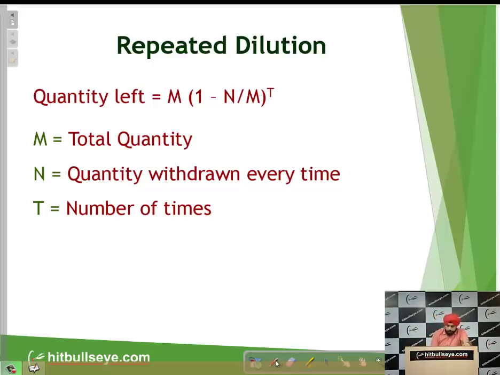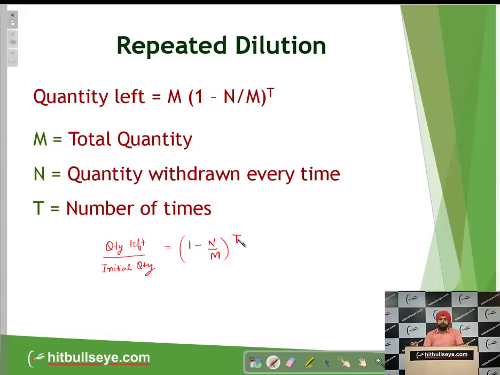The same formula can also be thought of as quantity left divided by initial quantity is equal to 1 minus n by m raised to the power t.